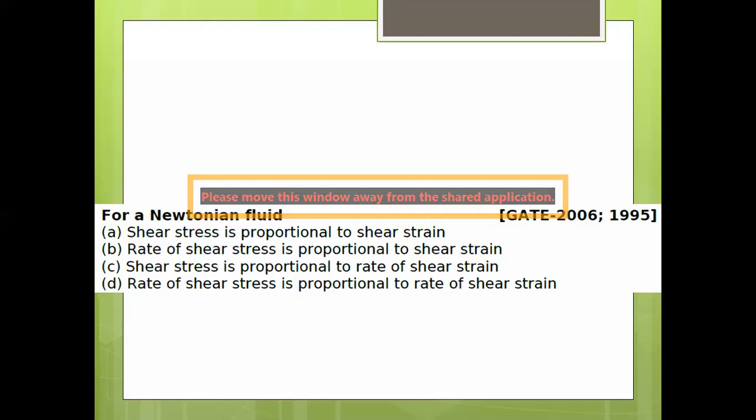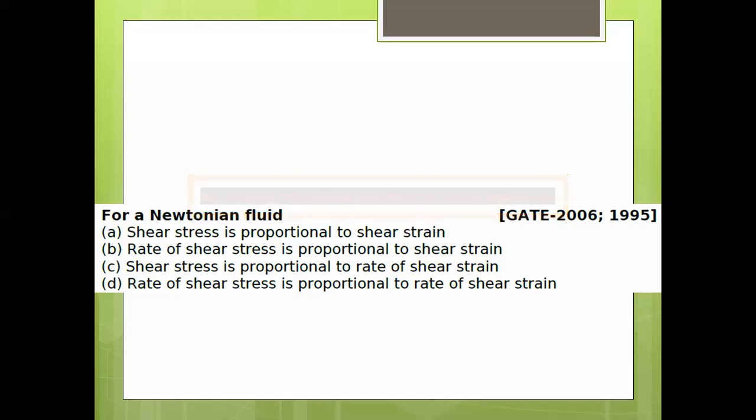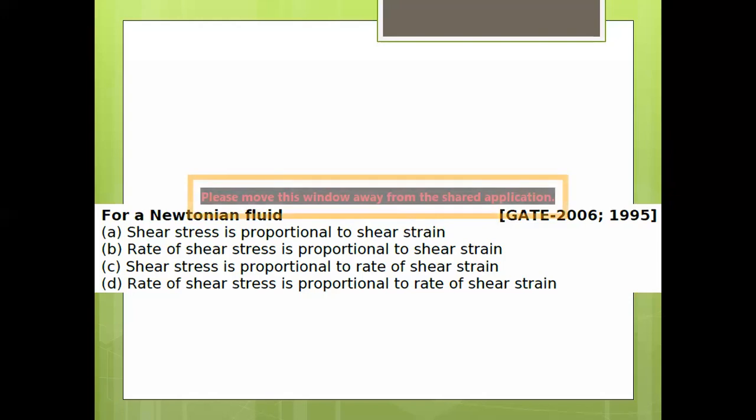For a Newtonian fluid, option A is shear stress is proportional to shear strain. Option B, the rate of shear stress is proportional to shear strain. Option C, shear stress is proportional to the rate of shear strain. Option D, the rate of shear stress is proportional to the rate of shear strain. Option C is the correct answer, right?